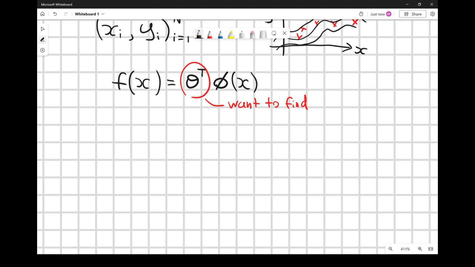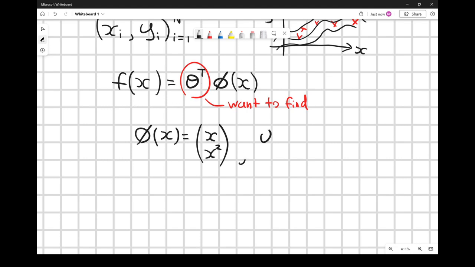So just as an example, let's say we want to fit some quadratic function, then we could say that this basis of x is actually equal to a vector equal to x and x squared, and that this theta is now two-dimensional.